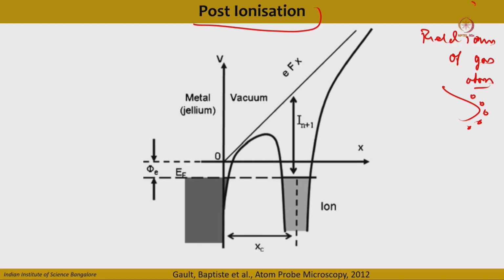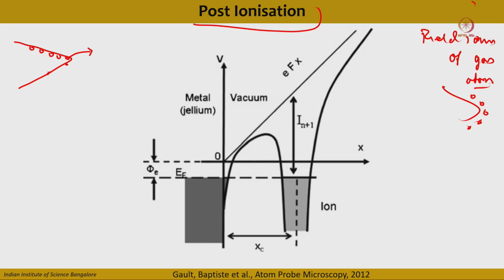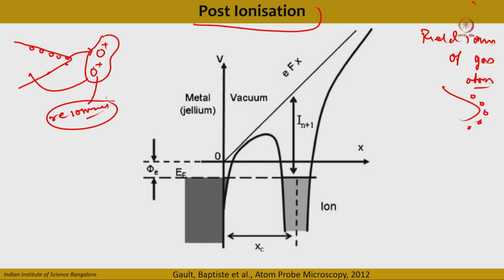It means that if you have a needle specimen, and atoms are field evaporated as ions, these ions, which correspond to the sample or the specimen, can actually reionize. It means these directly act as gas atoms. Fine. So, this is called post-ionization.